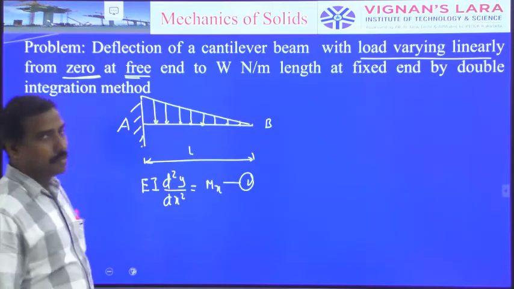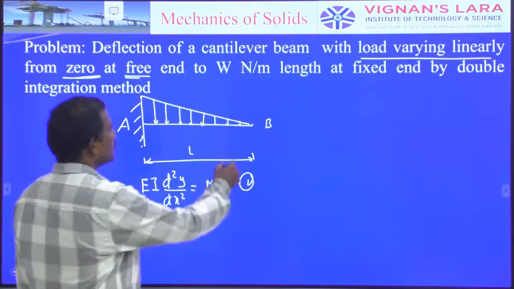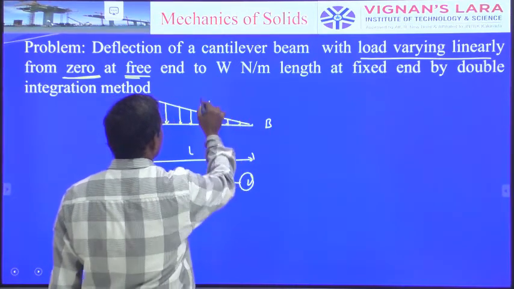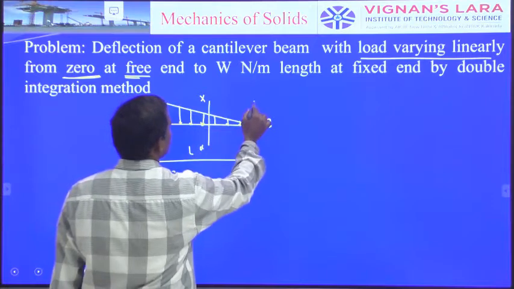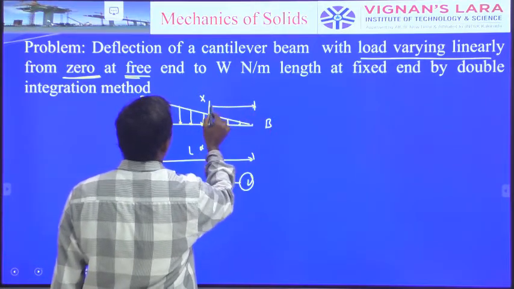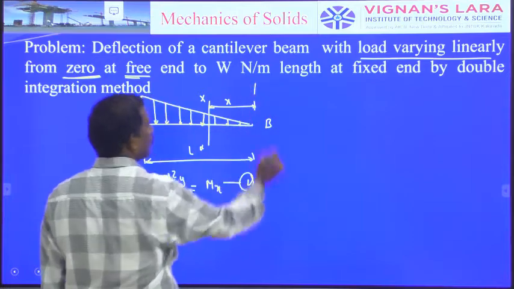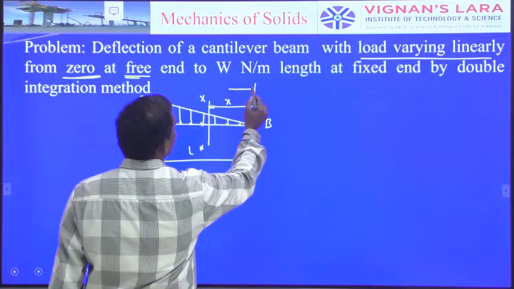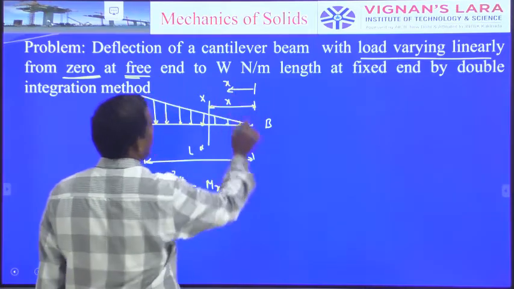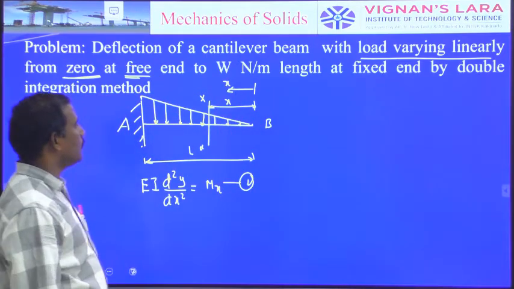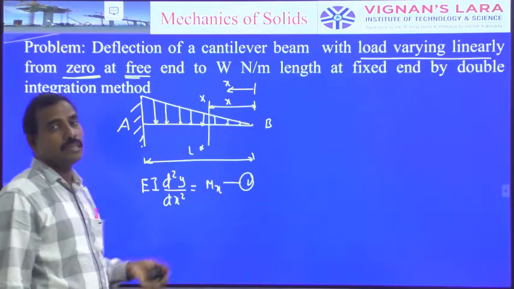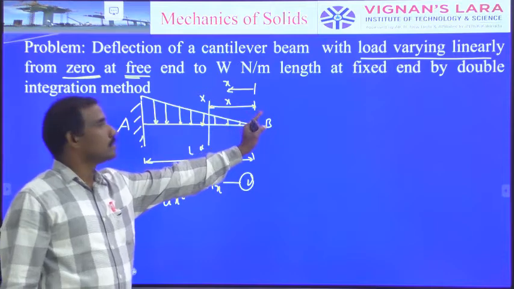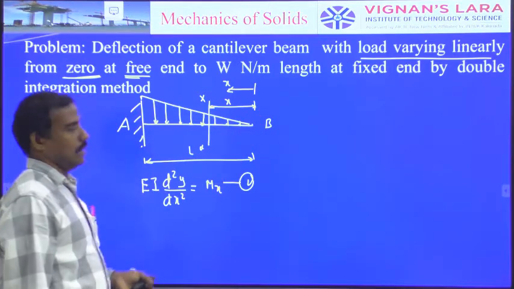For calculating the Mx, let us consider section XX at a distance small x from the free end as usual. Here I would like to take the origin at B, so x is 0 at B and x is equal to L at A. It means the x value begins with 0 from B towards left.